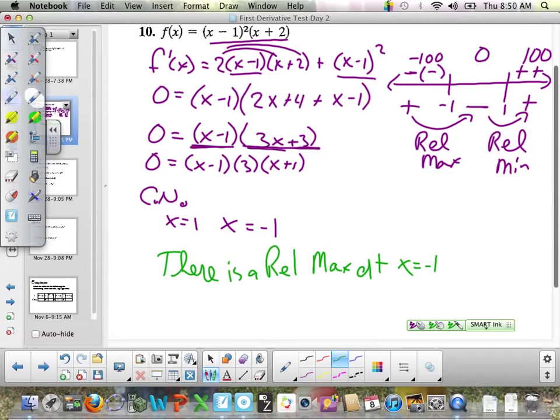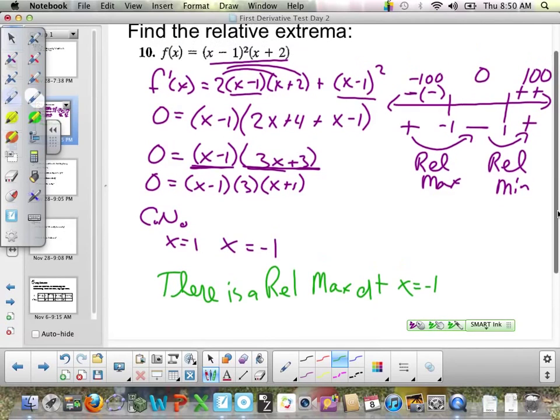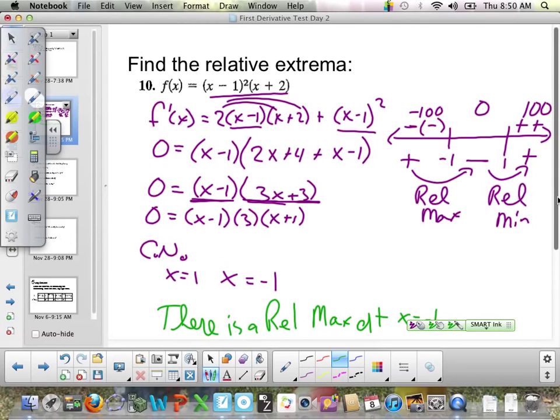And if they asked what it was, you would want to substitute that in. If I substitute negative 1 in to find it, we get negative 1 minus 1 is negative 2, squared is 4. Negative 1 plus 2 is 1, so that's 4.